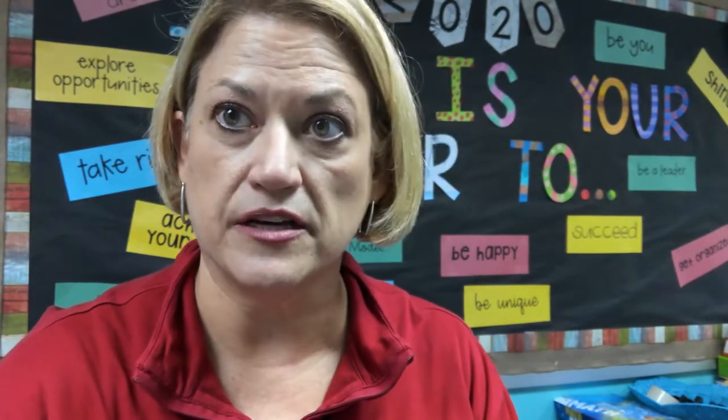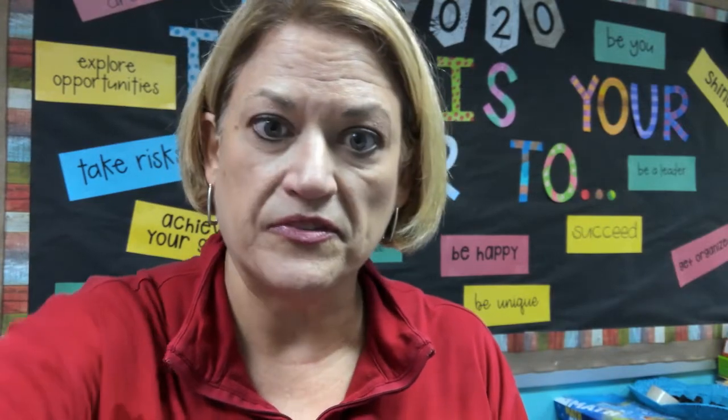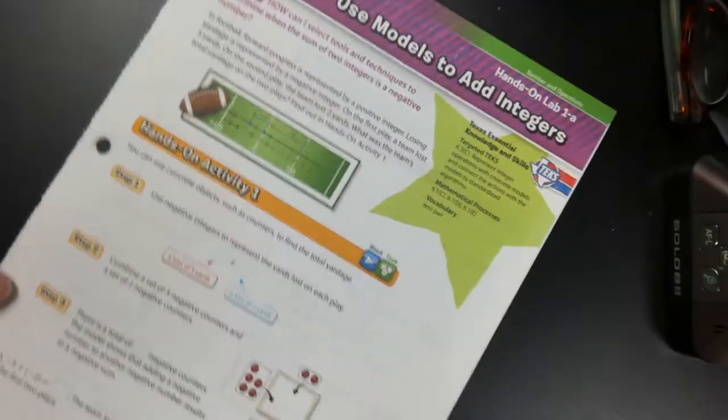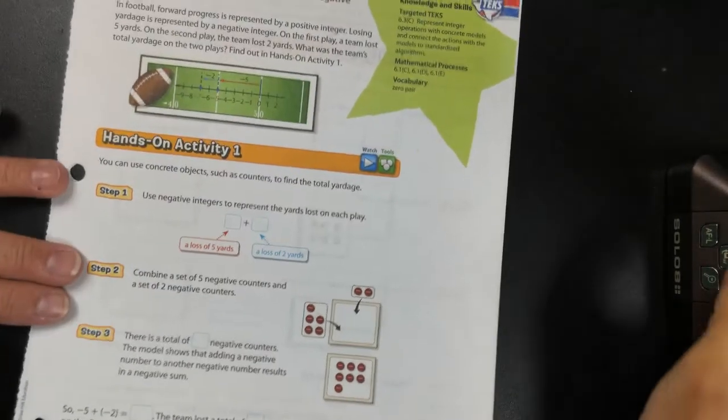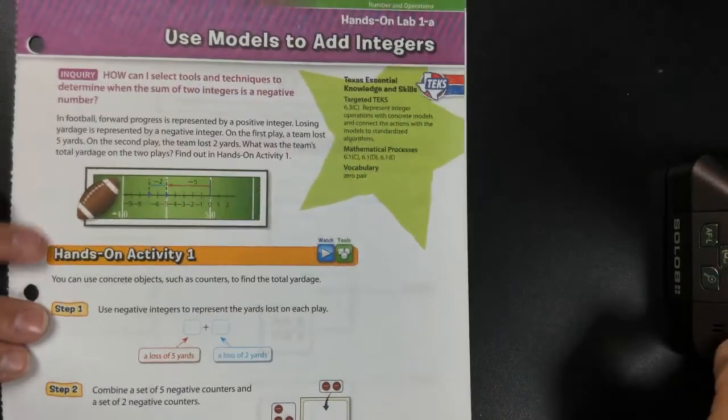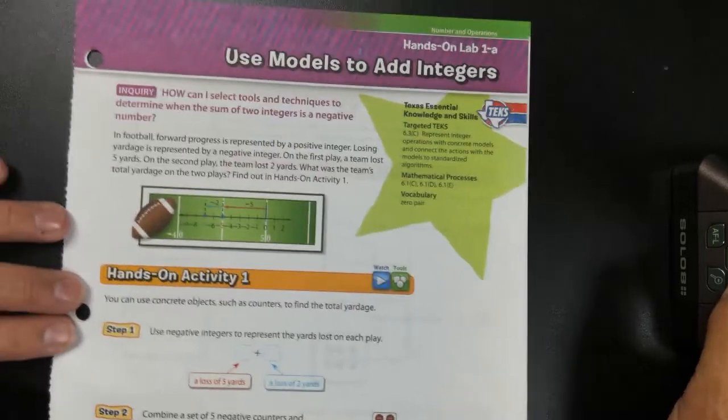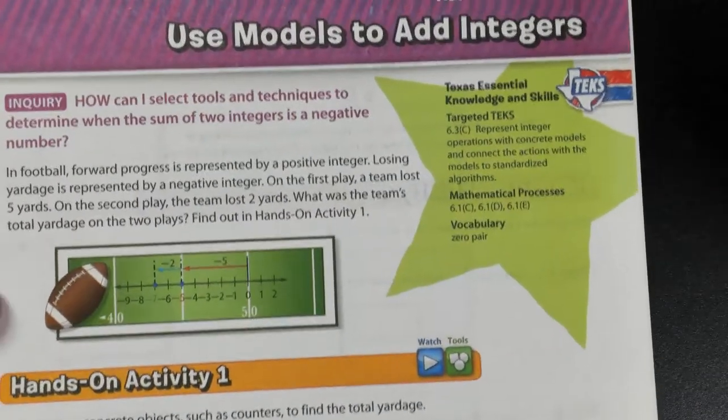So I'll show you how to use those too. Okay, so let me flip it around. Alrighty. So we're going to look right here. Let me zoom in a little bit for you. Here we go.